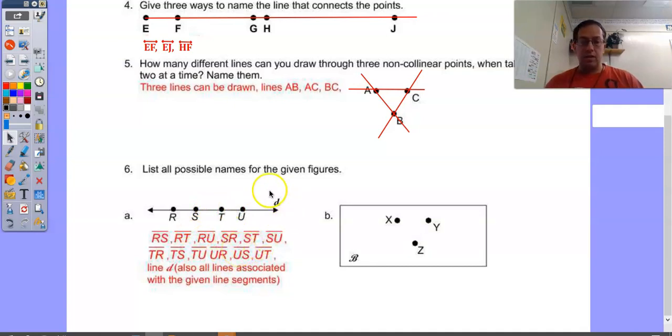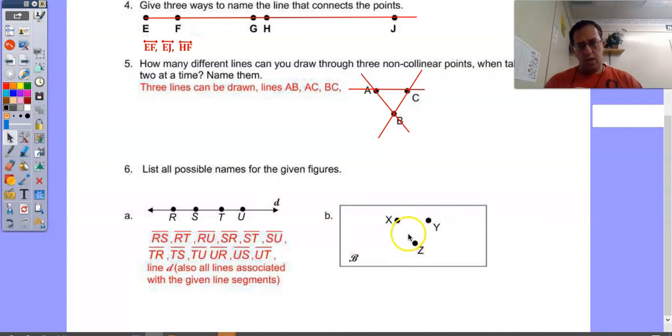Or I could call it line D, right? I could say the road out here in front of the high school is the road that connects the high school and the square. It's the road that connects the high school and the library. It's the road that connects the library to Pizza Pro. Or I could just say it's Austin Avenue, right?